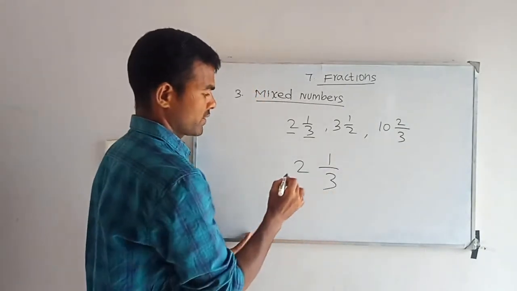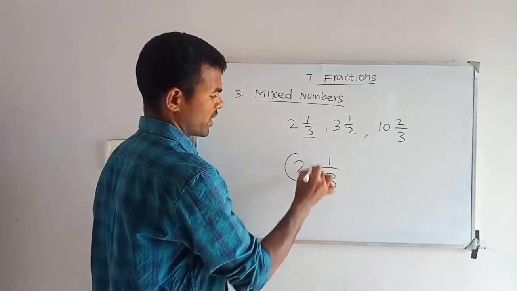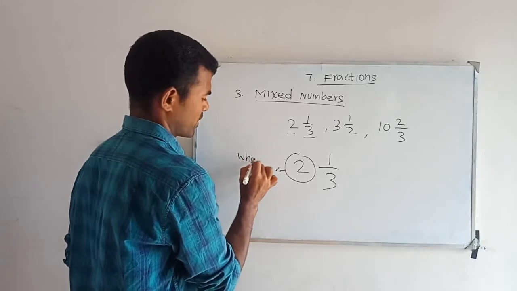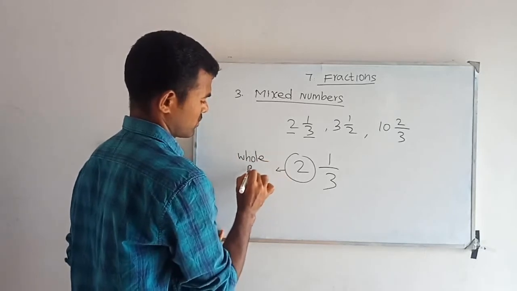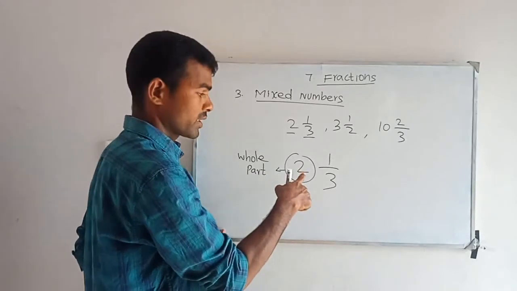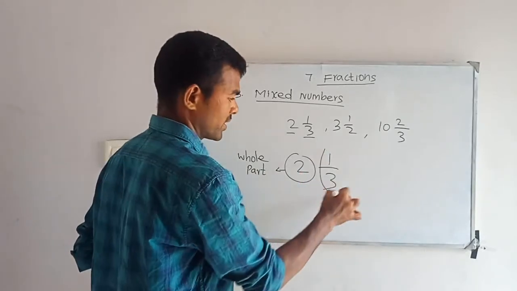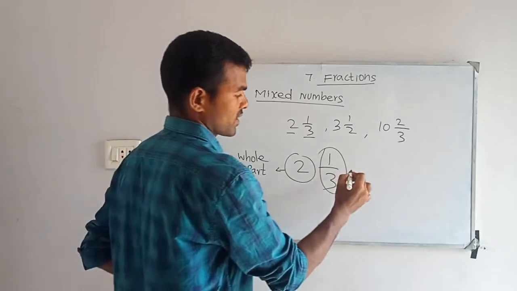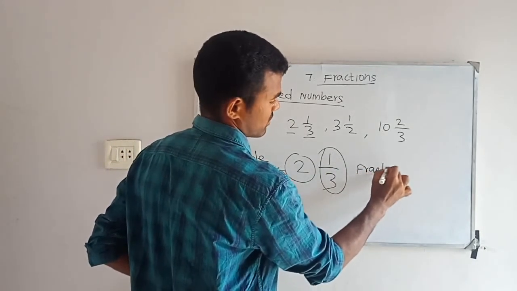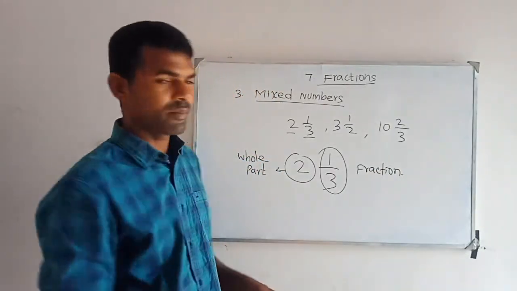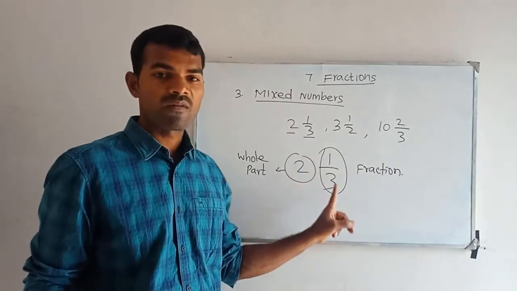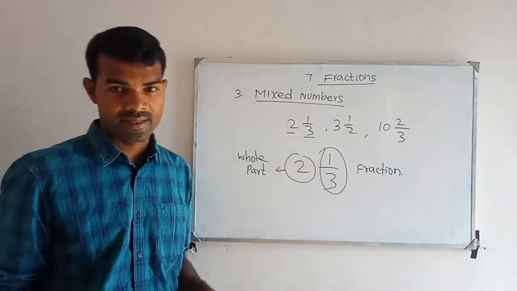This part is known as the whole number part. This is the whole number, and this is the fraction. There will be one full number and one fraction, and that is the mixed number.